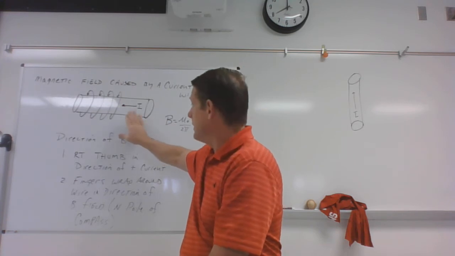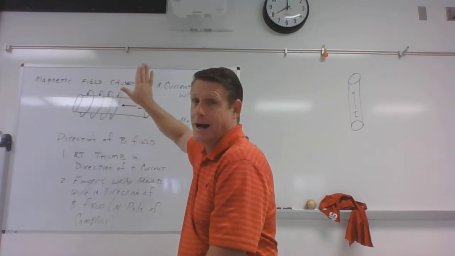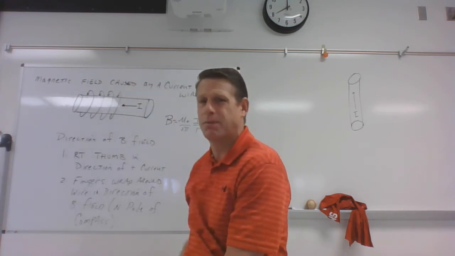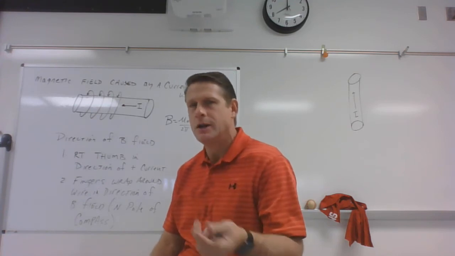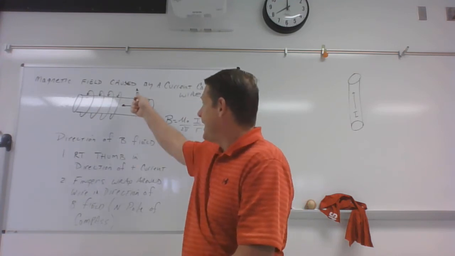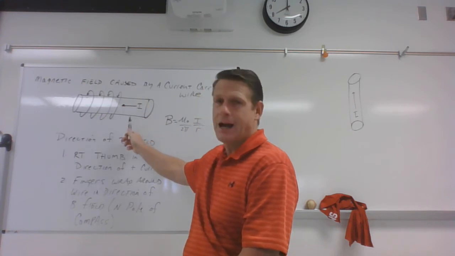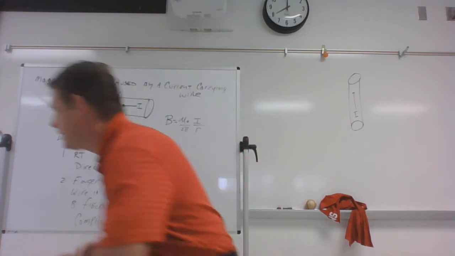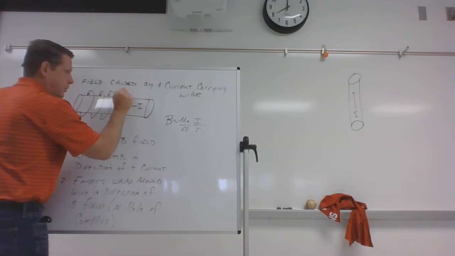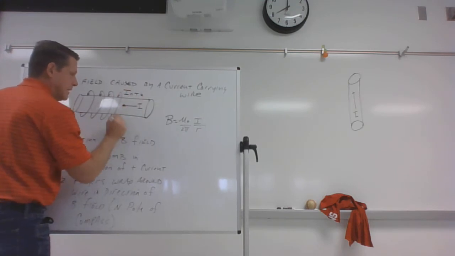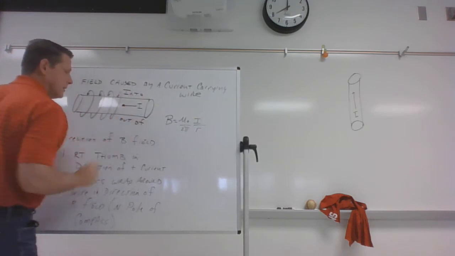Now, that means in front of the wire we're going up, and behind the wire we're going down, but we can't really write that on the page. So instead, we say into the board up here, out of the board down here.